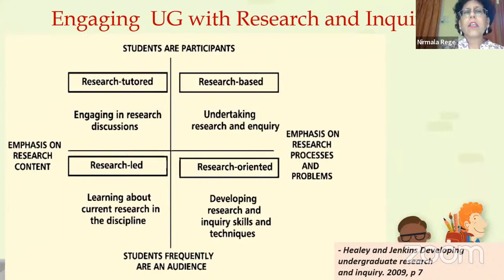On the left-hand side, you can see the emphasis on research content. There could be research-led, where there is learning about the current research in the discipline, or research-tutored, as they termed it, getting the students engaged in research discussion. On the other hand, towards the right side is an emphasis on research processes and problems. And they could be research-oriented or research-based.